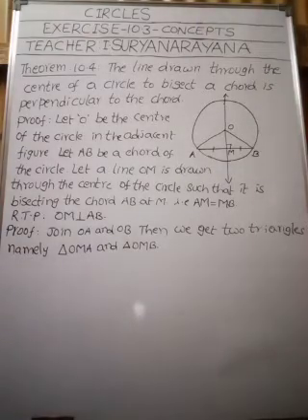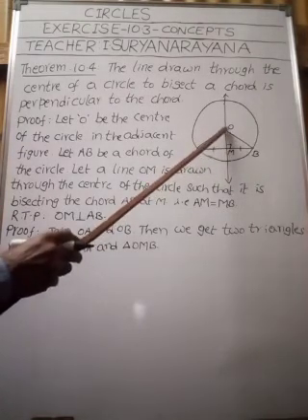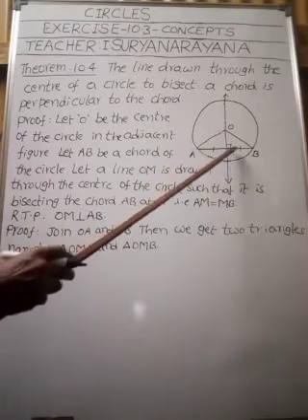Yes or no, my children? Here we are getting two triangles, namely triangle OMA and triangle OMB.